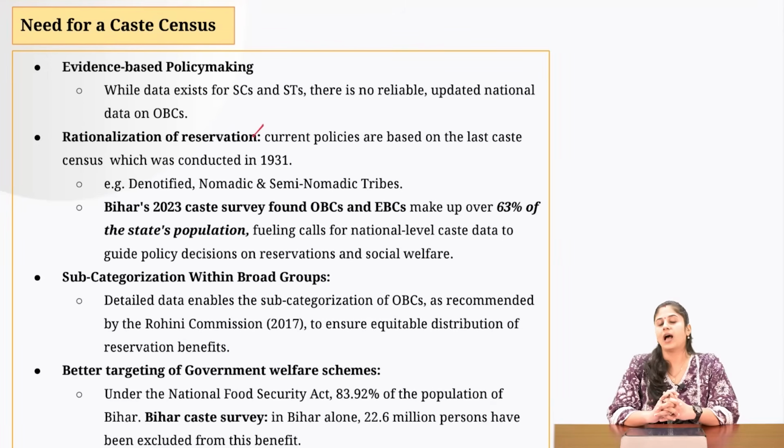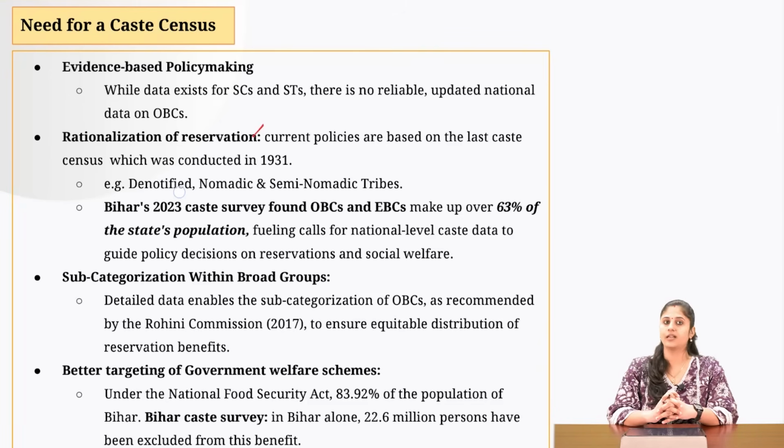Then, if you have data on a regular basis on what development a particular caste is making when it comes to socio-economic indicators, educational attainment and health indicators, based on that we can also set the criteria for reservation in education as well as employment.